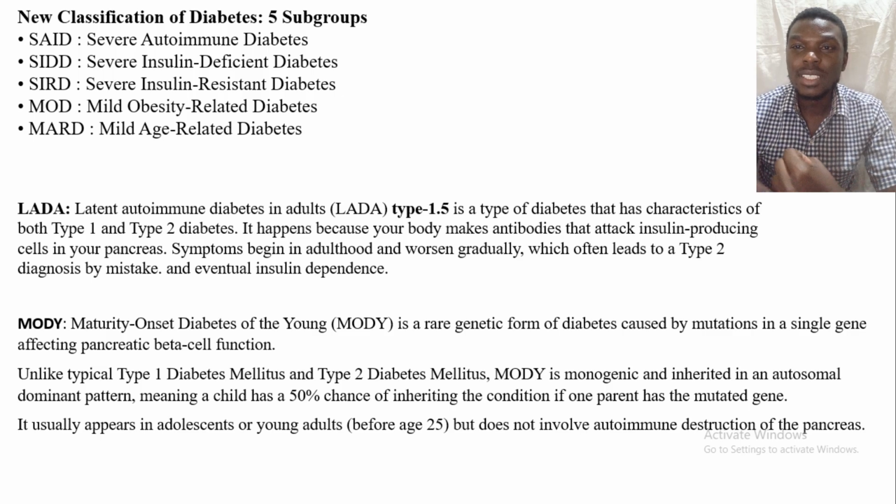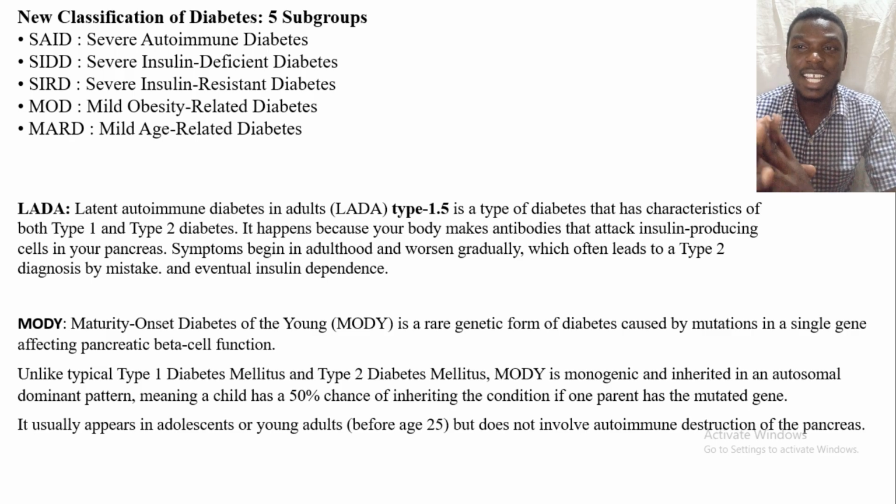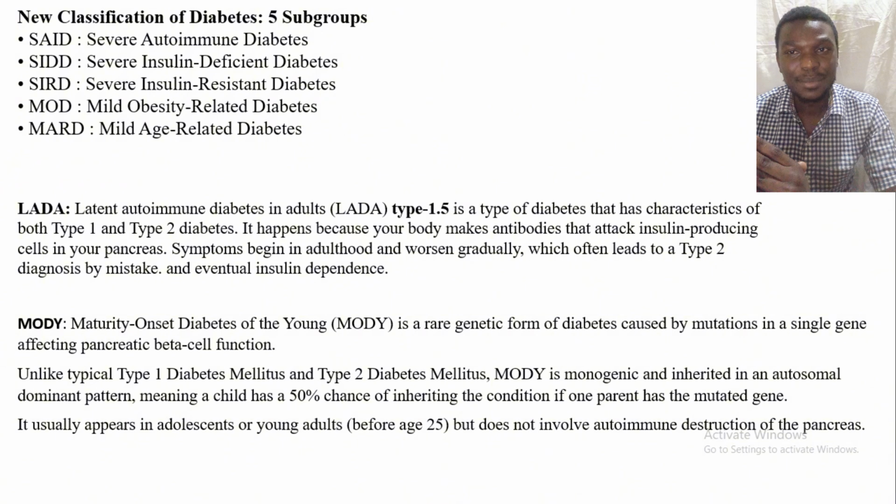So type 1 is said to have autoimmune, and type 2 is resistance. So out of these 5 subgroups, there are some groups that are due to this autoimmune, others are due to resistance.